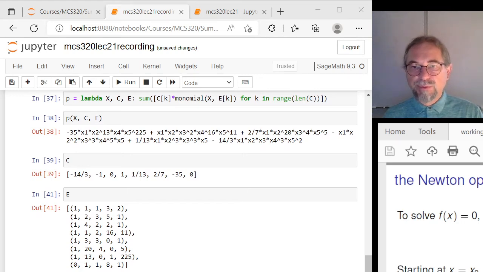So using a helper function monomial, I have built a polynomial with three input parameters, the names of the variables in x, the coefficients, the rational coefficient c. Notice that Sage will order these monomials in the highest degree, so the 225 with coefficient minus 35 comes first.